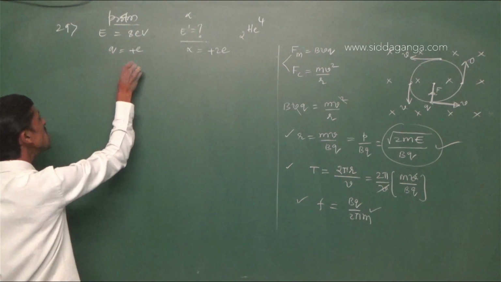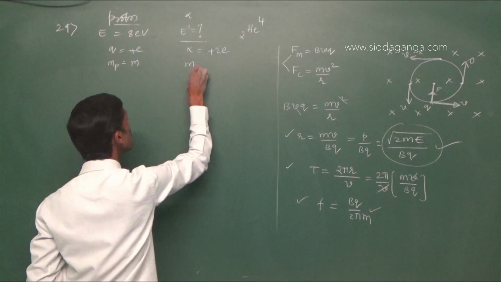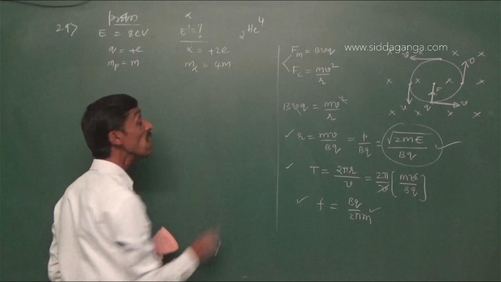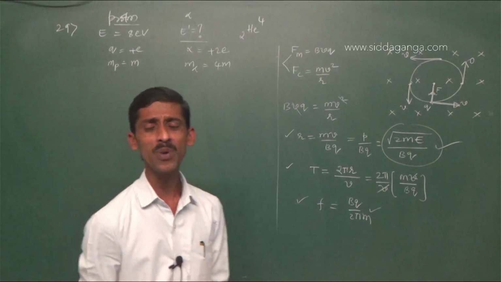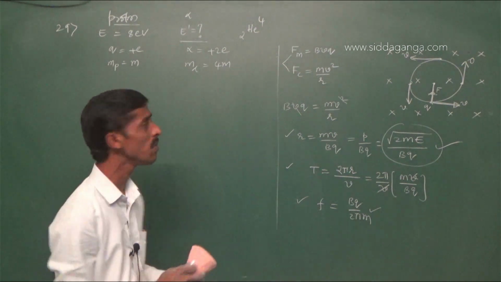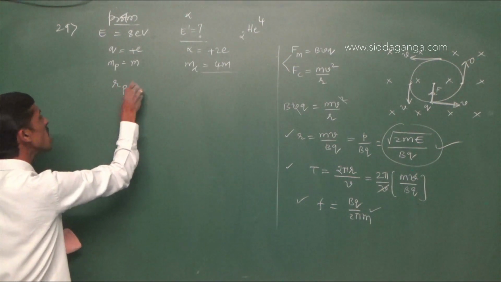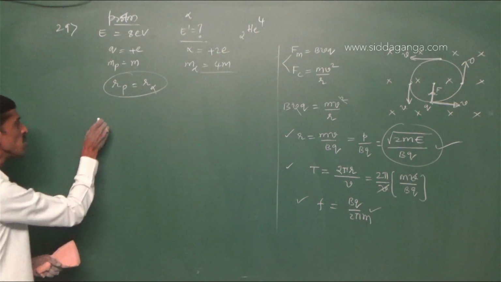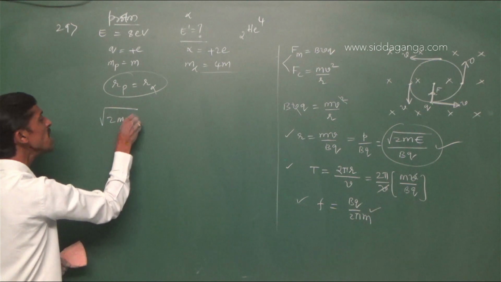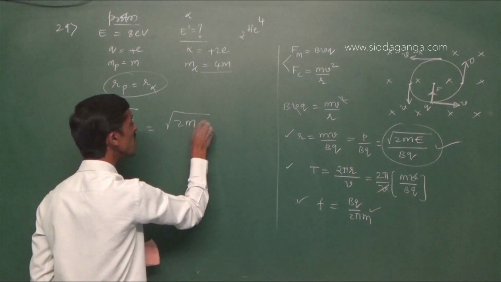Proton means mass is m, whereas mass of the alpha particle, as there are 4 nucleons, 2 protons and 2 neutrons, mass of proton and neutron being approximately the same, is 4 units. So for the same radius orbit, radius of the proton is equal to radius of the alpha: square root of 2mE divided by eB equals square root of 2(4m)E' divided by 2eB.